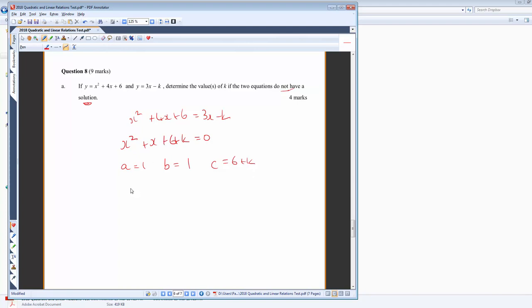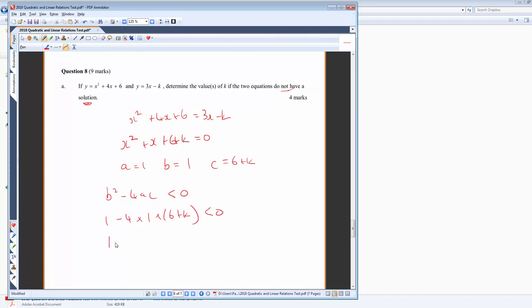Alright, now what we're going to do is plug that into b squared take 4ac, and we want to know when this is less than 0. Our b value is 1, that's 1, take away 4, times the a value, which is 1, times the c value, which is 6 plus k, noting the brackets that I'm using there.